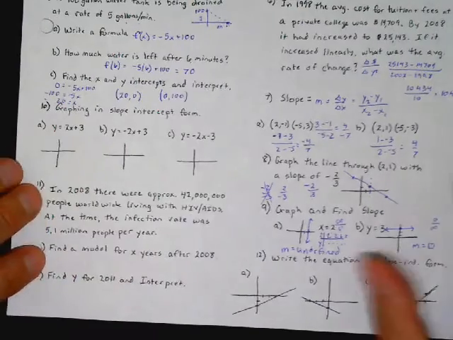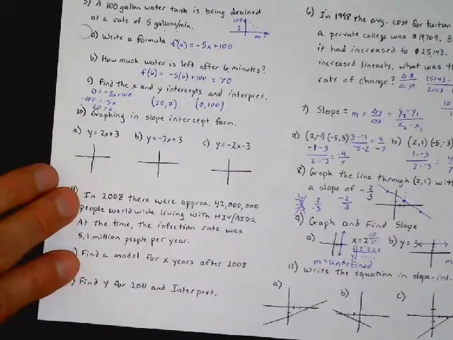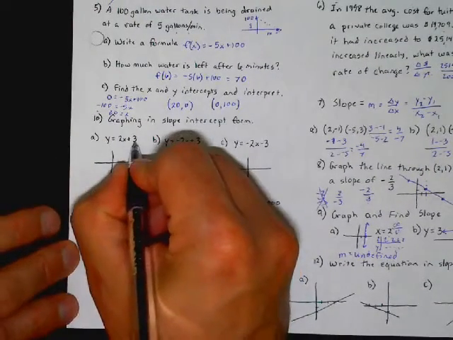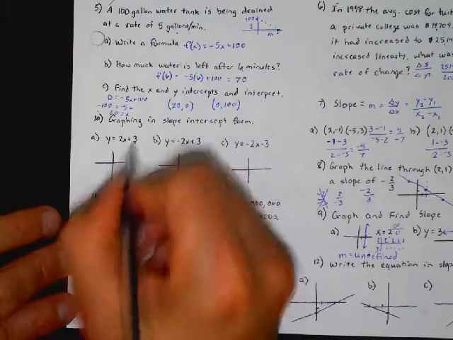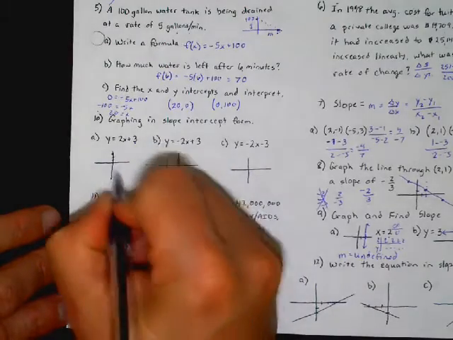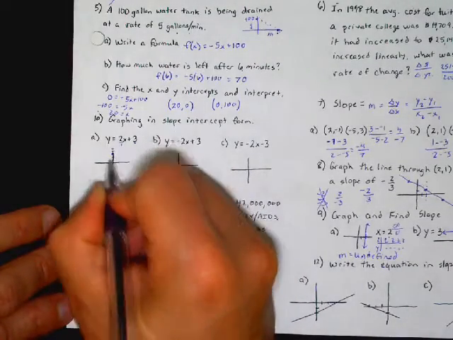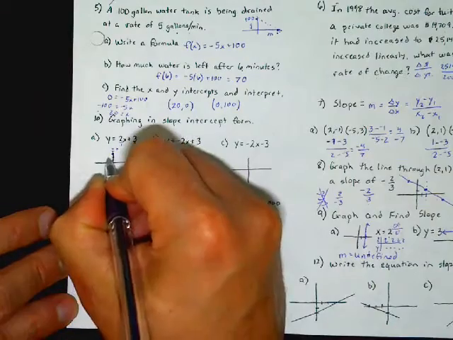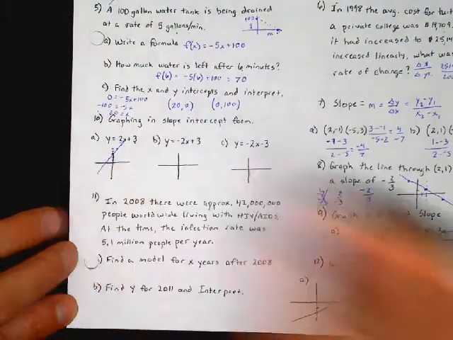Okay, number 10, I'm going to graph this in slope-intercept form, and just remember that we did a lot of this in Algebra 1, I think. The y-intercept is 3, slope is 2, so 2 over 1, rise is 2, and over 1. You can also go negative 2 and negative 1 to give you that same positive slope there.